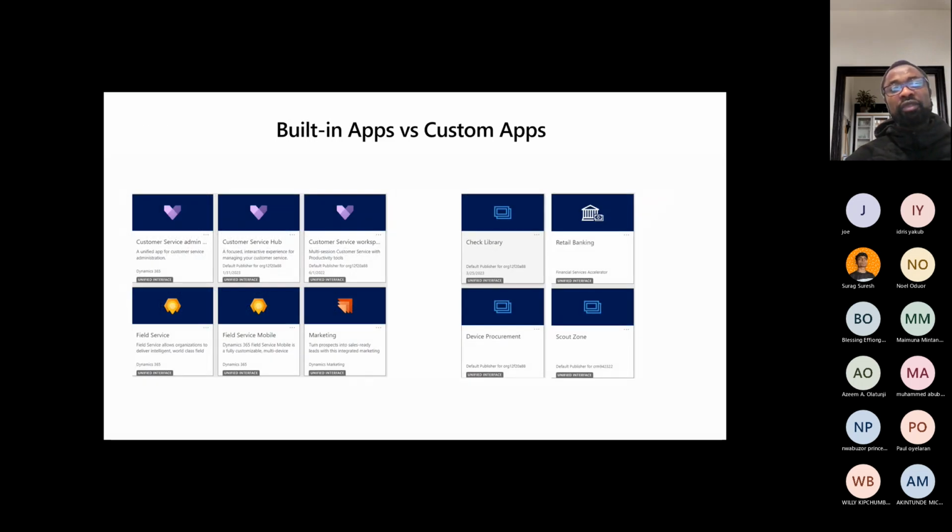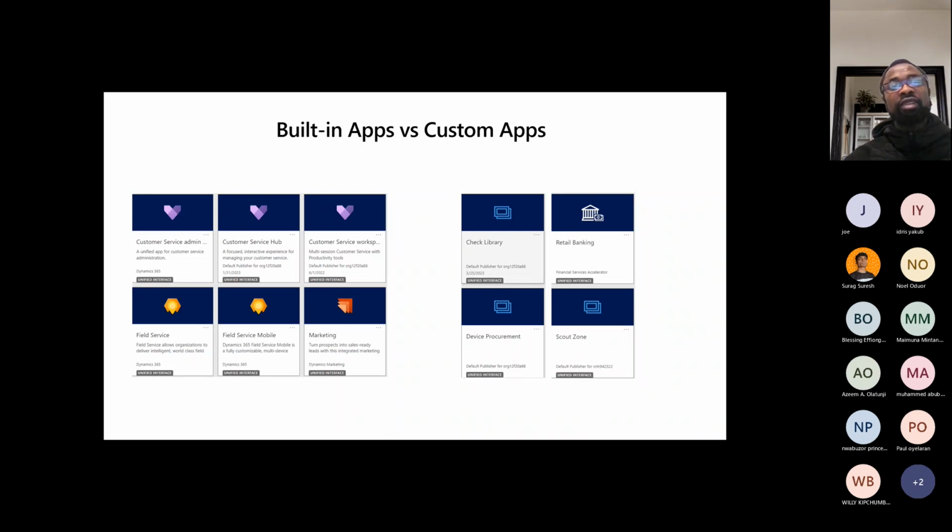Now, we have to look at the built-in apps and the custom apps, right? If you look at the left side, these are first-party apps that you get when you provision the environment, or when you subscribe for Microsoft Dynamics 365 licenses, based on your level of license. Say, for example, a customer requires a case management app, and they subscribe based on their license for Dynamics 365 for Customer Service.